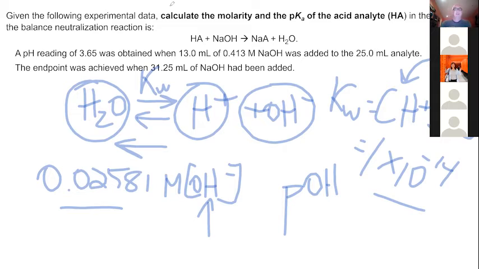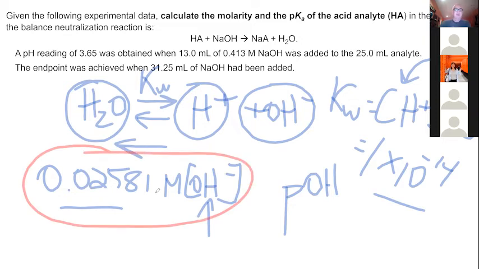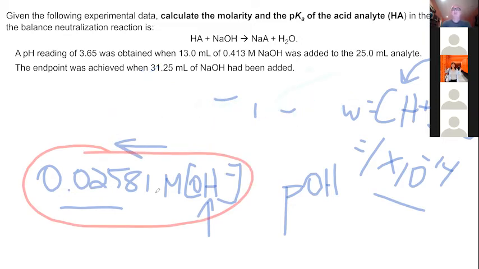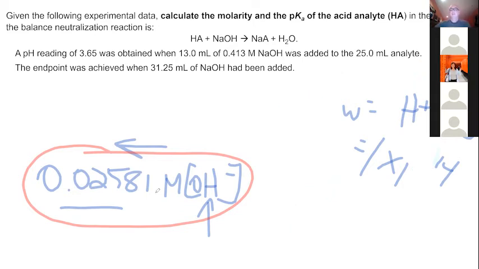So in this instance, we have our concentration of hydroxide. It's right here. That's my concentration of hydroxide. And so I can solve for the concentration of acid by plugging it into KW.